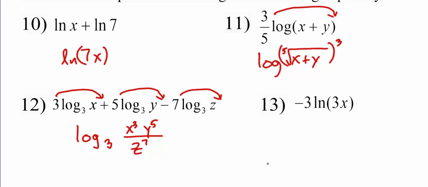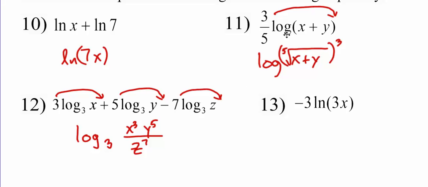One thing I probably should point out, in the previous problem, it may have been tempting to try to change that x plus y to be x times y. But remember, when we can change addition to multiplication, it's when you have a term like the log of y minus the log of z, things like that, we can change to addition.